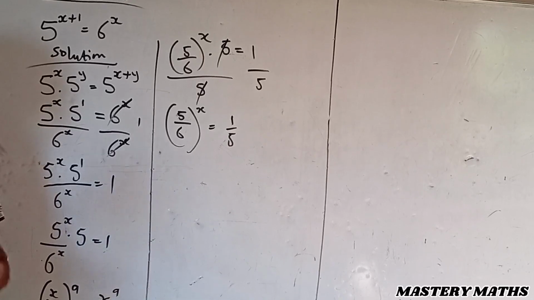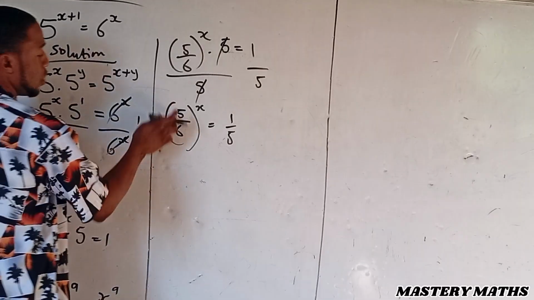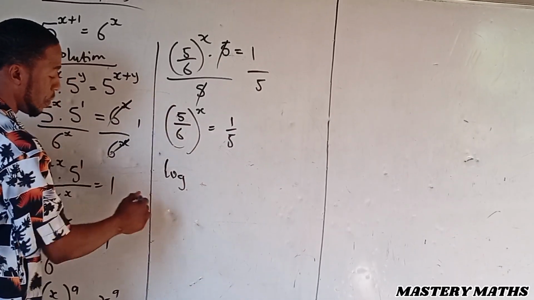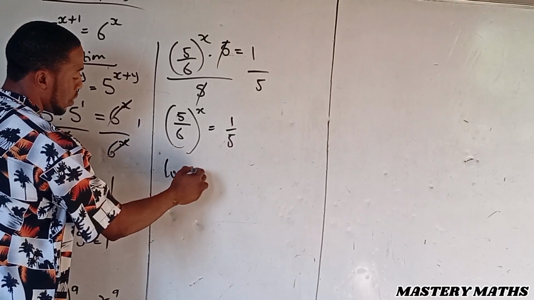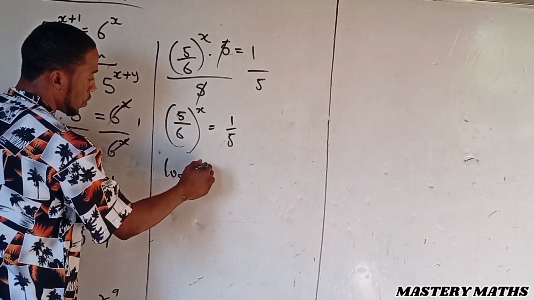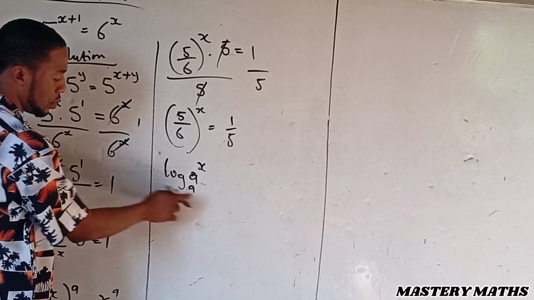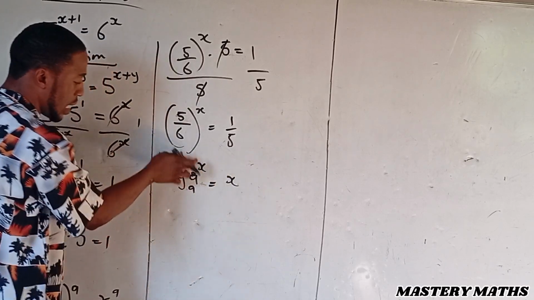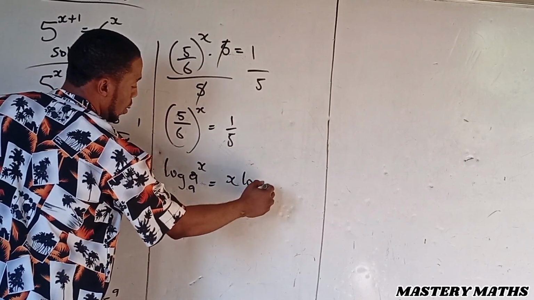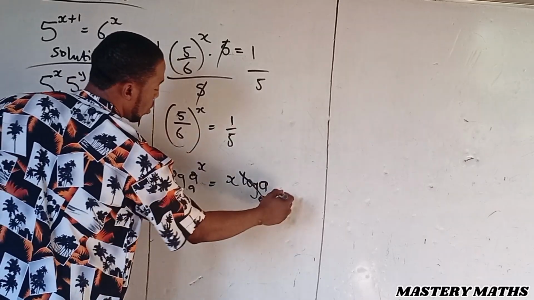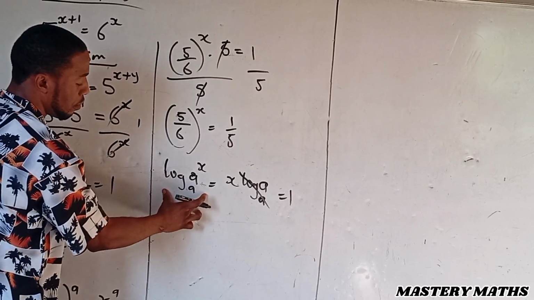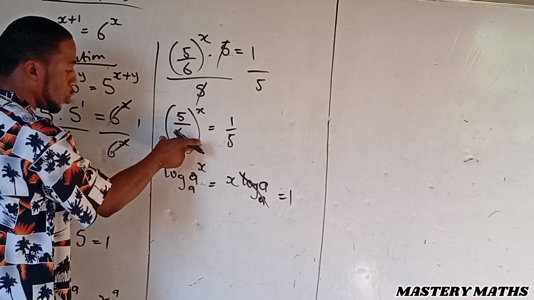Obeying the law of logarithm, log of a base to its number will give us 1, and using the x to multiply the log of a base a, which gives us 1. See now? So we use this law here to work on this.